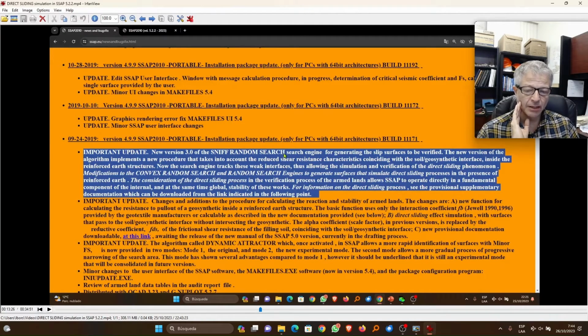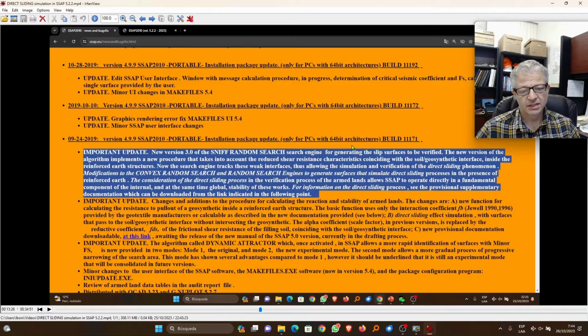It's not an optimizing algorithm, for example, cuckoo search and similar, but is based on a method that identifies and tracks preferentially the potentially weak layers inside, even if they are centimeters deep.